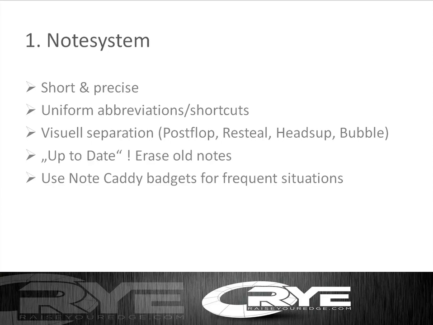You have to read all the nodes to find the node that you need right now for this specific spot. Sometimes you have to read the post-flop nodes to find the bubble nodes. You lose so much time with that. It's not very effective. It's important that you have a useful, structured visual separation, so that you just look at the correct area that you need.